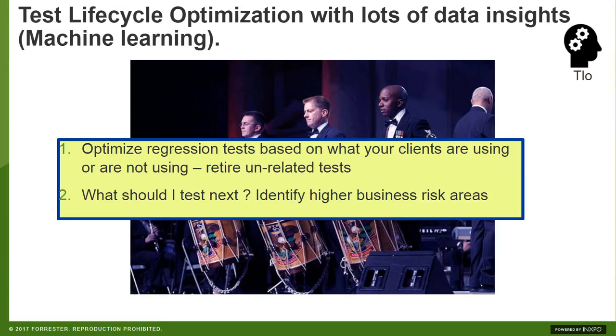Based on that, you can intersect it with your regression test cases, for example, to optimize and retire test cases that test functionality that is not used in production. Or find out that there are areas of your application that are highly used, but testing is weak or low. That also identifies higher business risk areas, right?